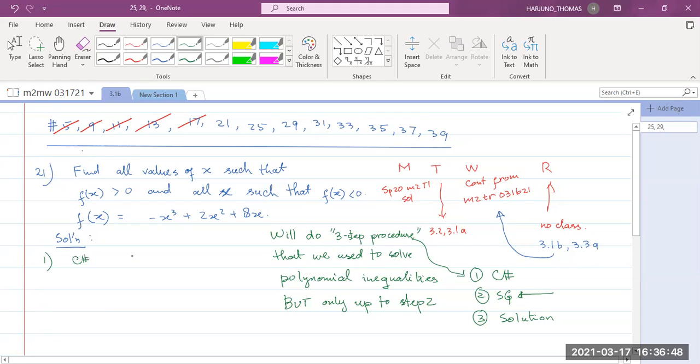So f(x) equals 0: negative x cubed plus 2x squared plus 8x. Okay, I think we can factor the negative x out, and then factor further.